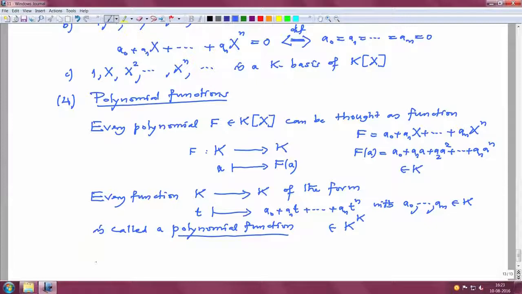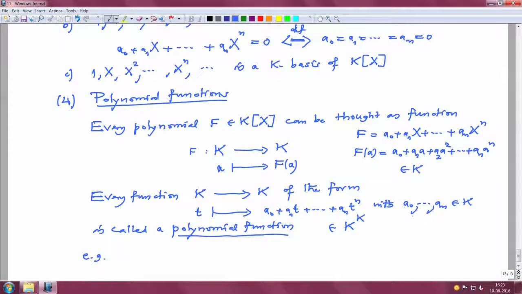I will end this first half of the lecture with the following example. This is just to show you that these coefficients may not be uniquely determined. For example, if you take the field K equal to Z mod p, and take two functions K to K: any a goes to 0, this is a constant function.